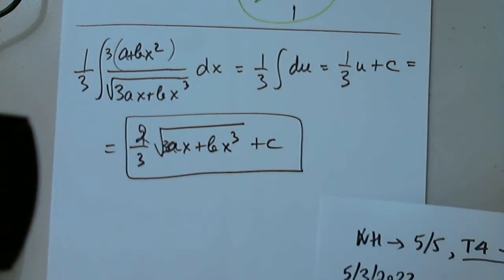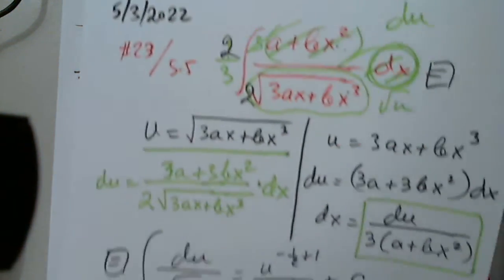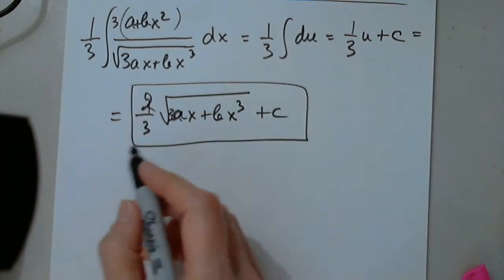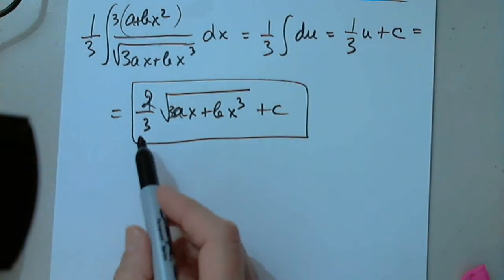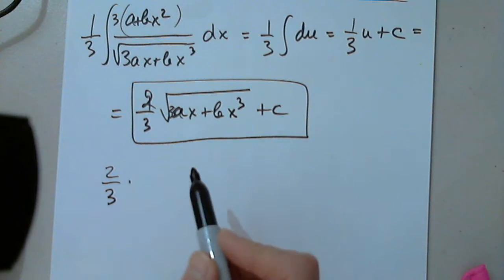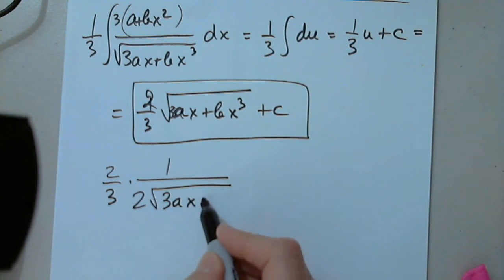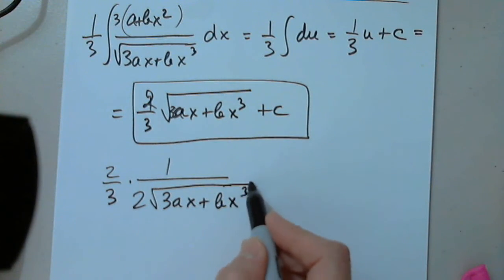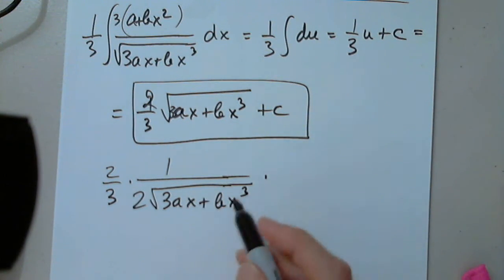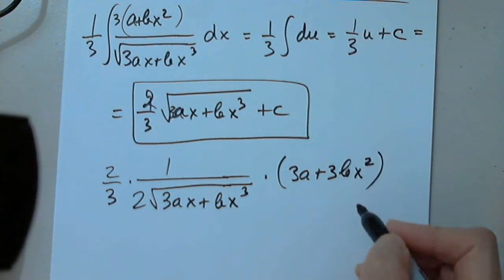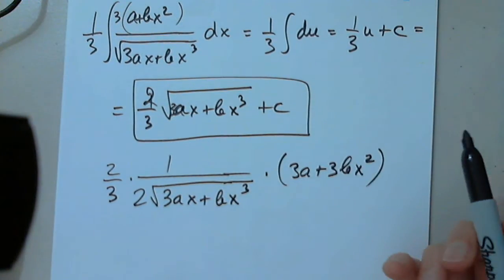We have to get the same answer. And you can say, okay, show me. Yep, that's no problem. So when I differentiate this, I have to get the original function. 2/3 times 1 over 2 the square root of 3ax plus bx to the third times the inner function prime, which is 3a plus 3bx squared, and the constant prime is 0.